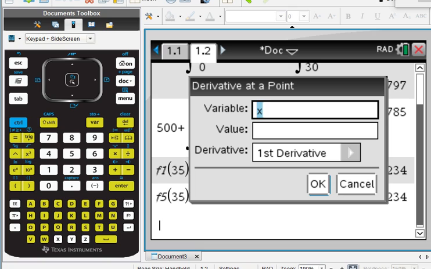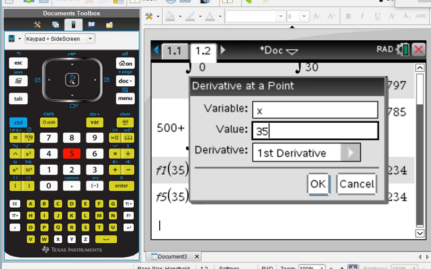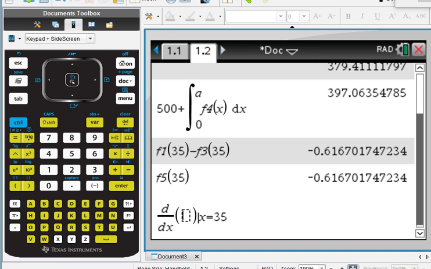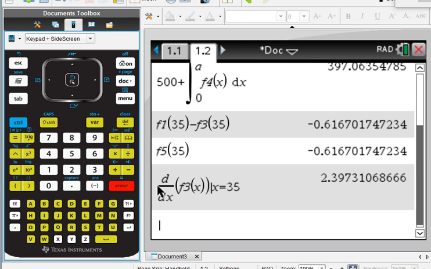The variable is X, and here's where you can type in the value, in this case 35, and we want the first derivative, okay. And then right here, notice it already puts d over dx here for you, the X goes right there, and it already is putting the vertical line here with X equals 35, so all you have to do is put what function you're trying to take the derivative of here. In this case it was F3, so var F3 of X, and hit enter, and it gives you the same value there.